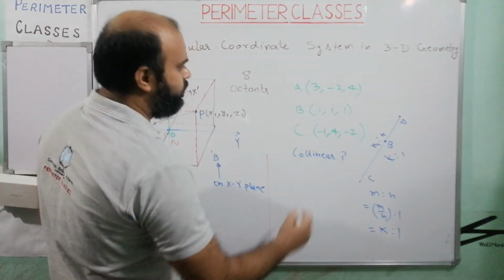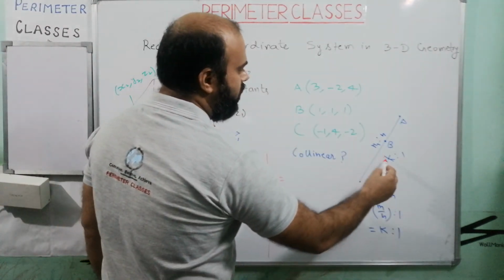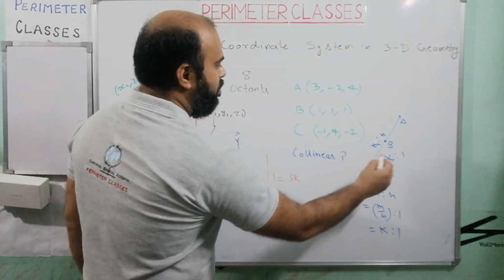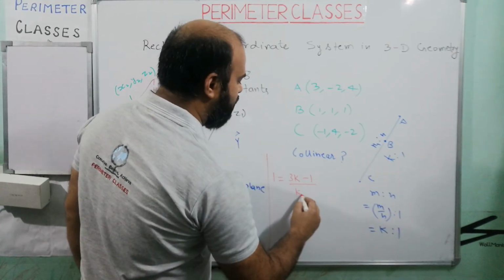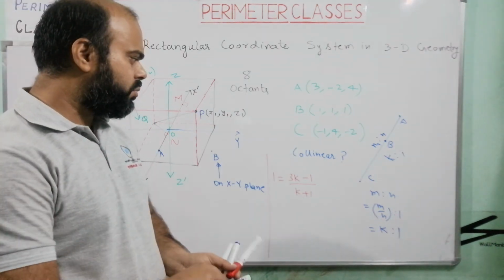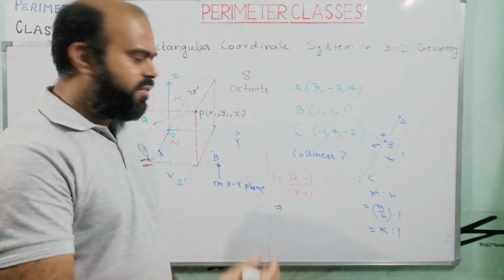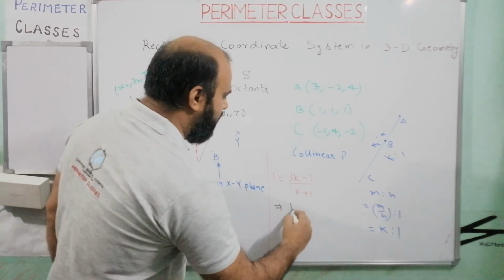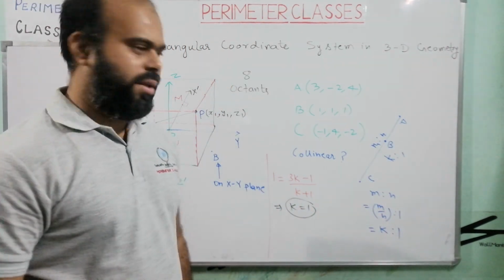So what will happen? This x coordinate 1 is equal to k into x coordinate of A, which is 3, plus 1 into x coordinate of C, which is minus 1, upon k plus 1. So this is about the x coordinate. When we solve this by cross multiplying and taking everything on one side, k will come out to be 1.